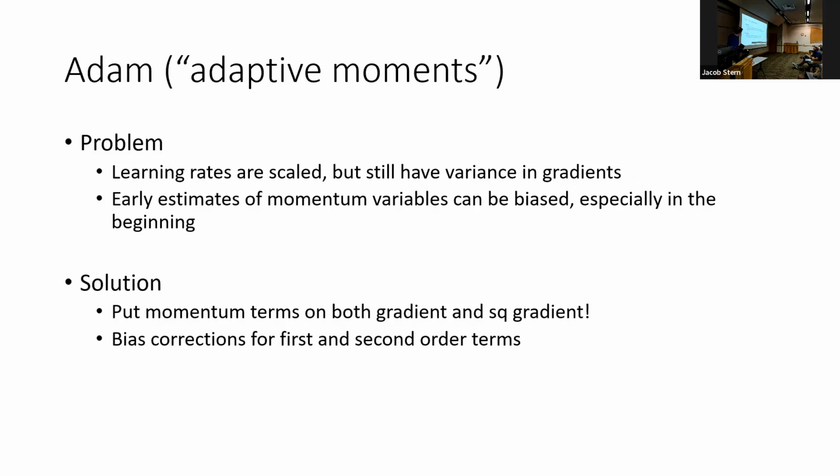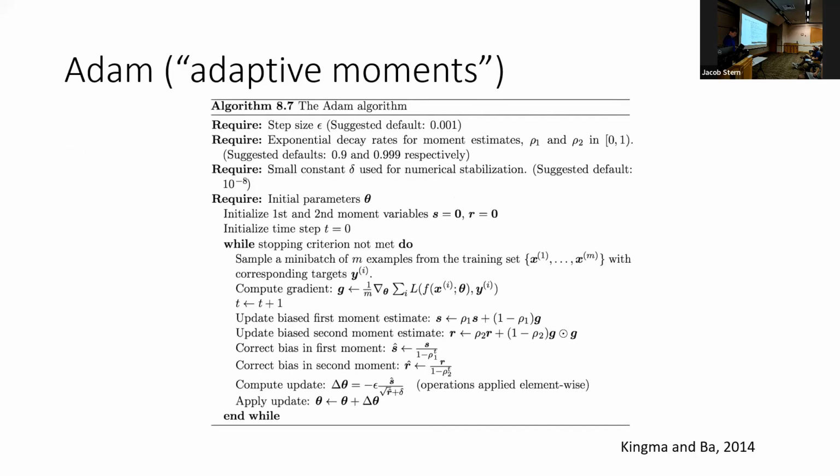Adam takes advantage of the fact that momentum and AdaGrad are doing different things and combines them into one. So we're going to put momentum terms on both our gradient and our squared gradient. And so we're going to have an update for our velocity, S, and an update for our second moment, R, which we can think of as acceleration of our gradient.